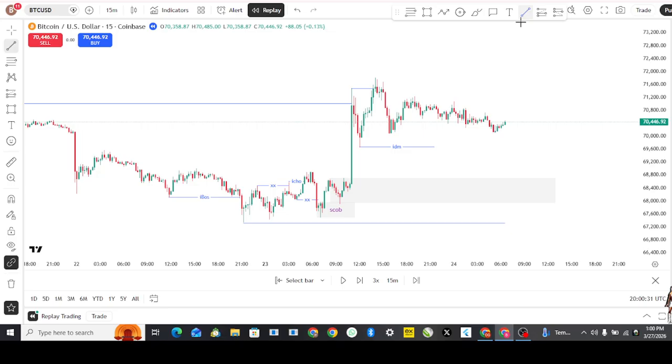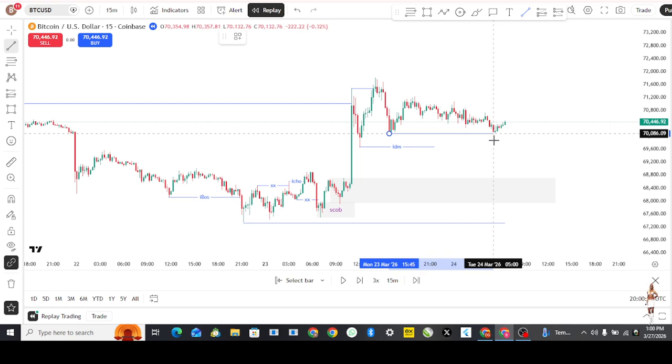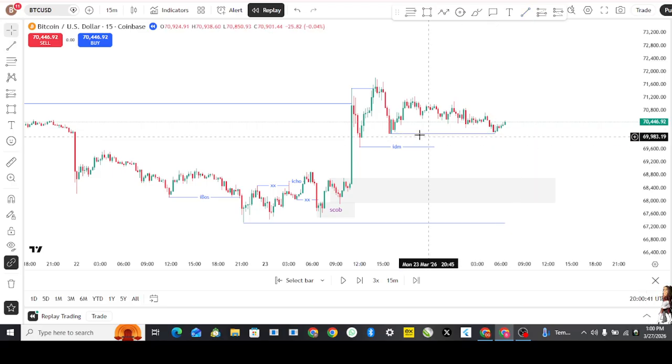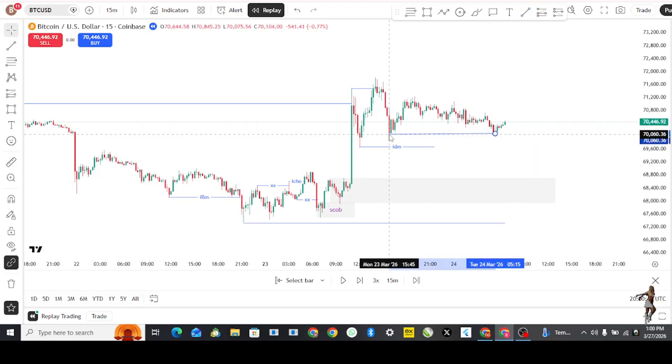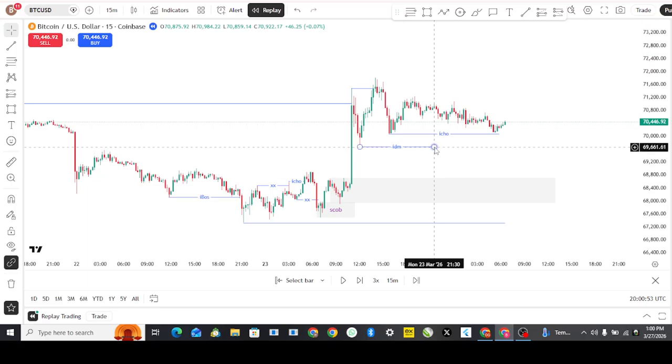All right, now while we are trying to close below this zone, a close below this zone is going to be our internal change of character.